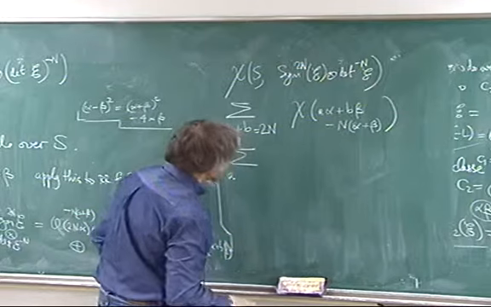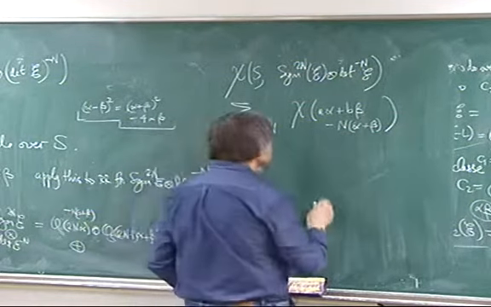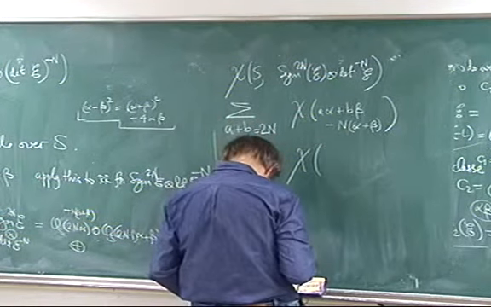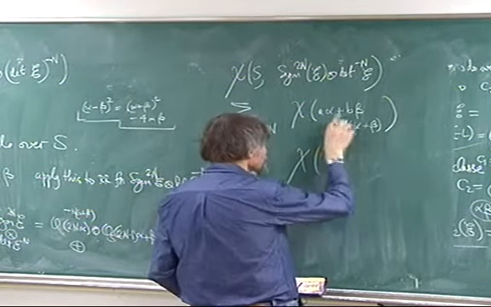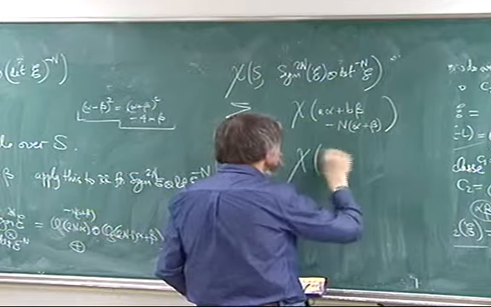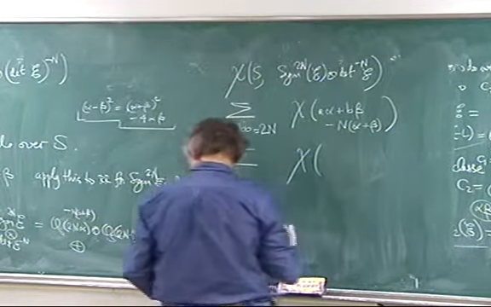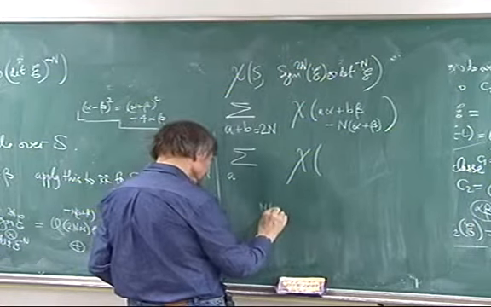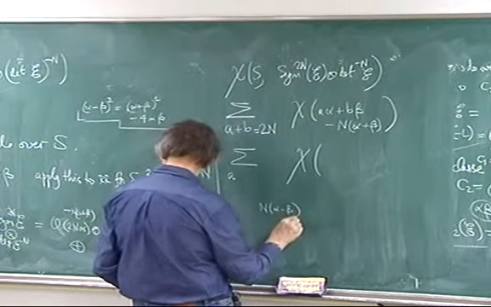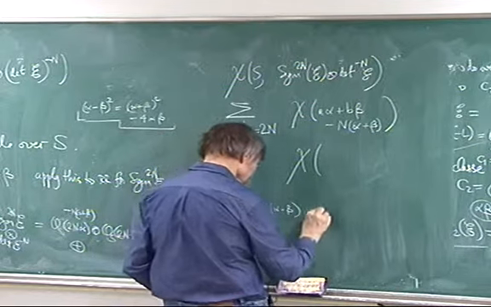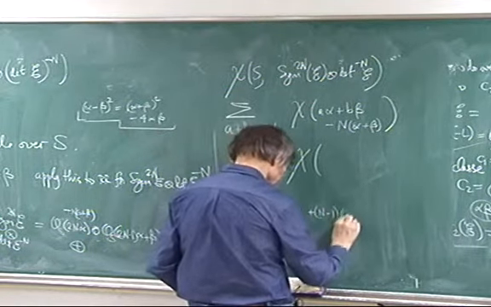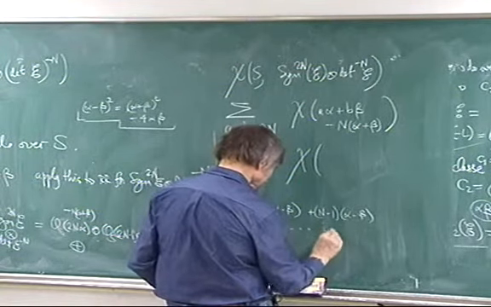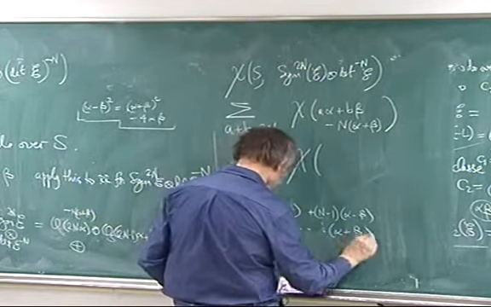So the thing that's appearing here is n alpha minus beta, and then n minus 1 alpha minus beta, and so on, plus I times alpha minus beta.